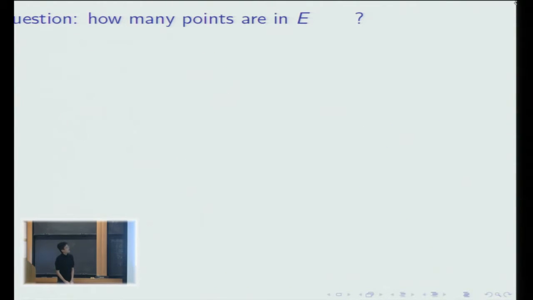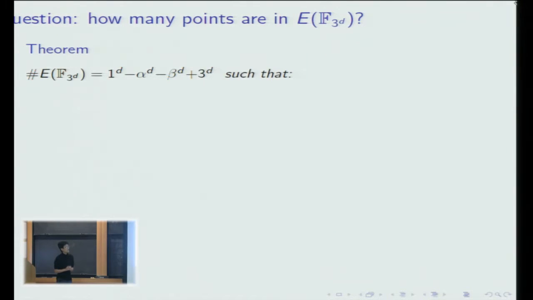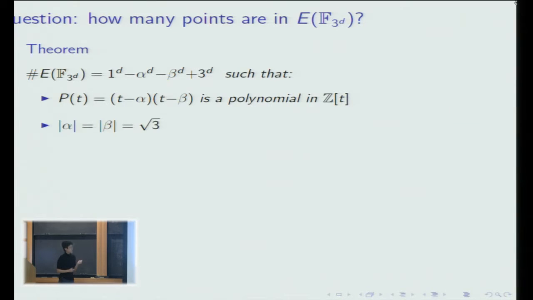Okay. And the question is, how many points are there on this elliptic curve with coordinates in F_{3^d}? And so we're going to compute this by using a theorem that is a formula for this number.